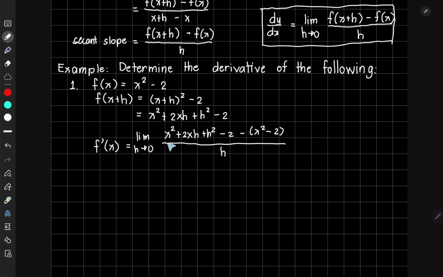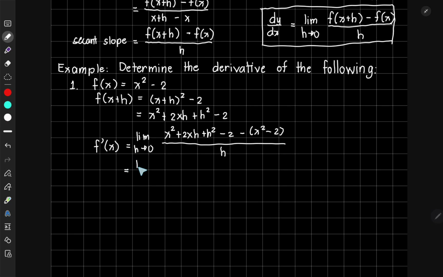And, to simplify, meron tayo dito, we have x minus x. So, magiging x squared minus x squared. So, 0 din yan. We also have negative 2 minus negative 2. So, that is magiging positive 2 ito. Kaya, negative 2 plus 2 is 0 din.